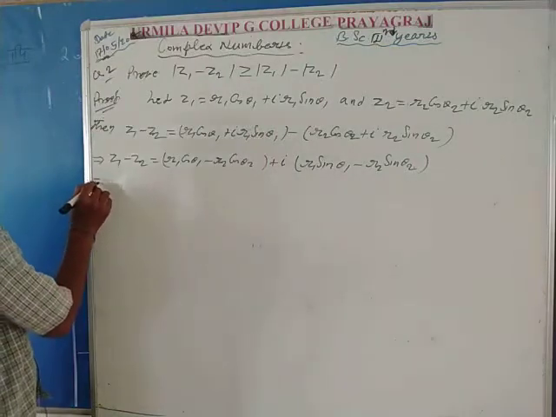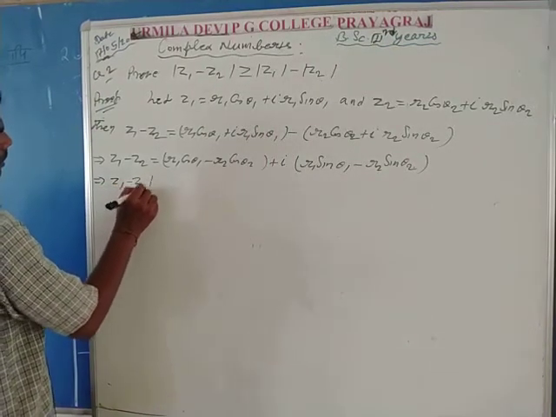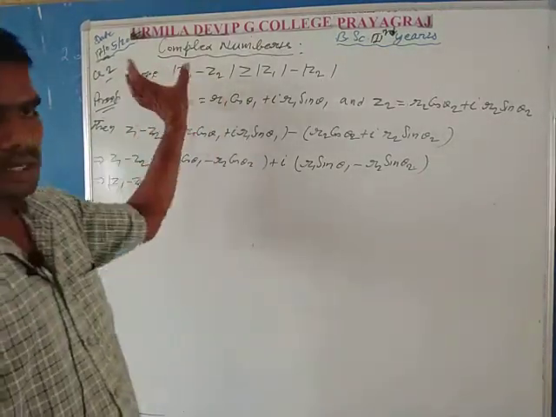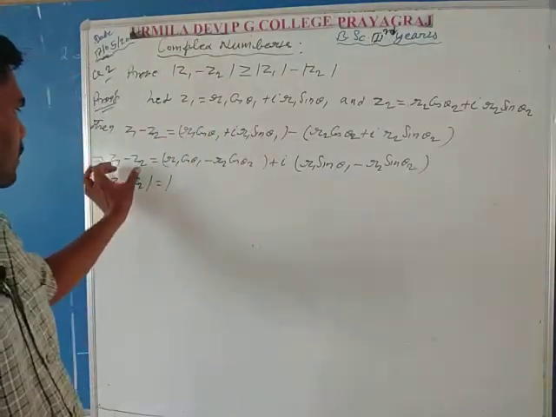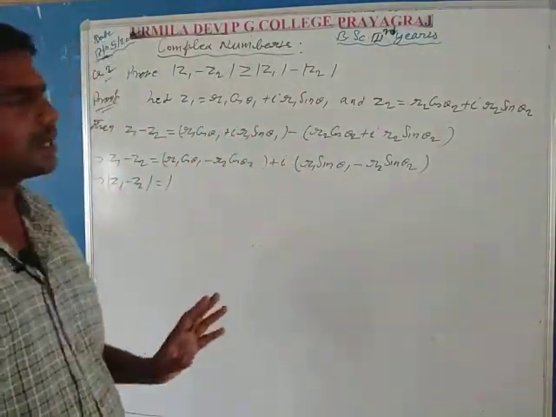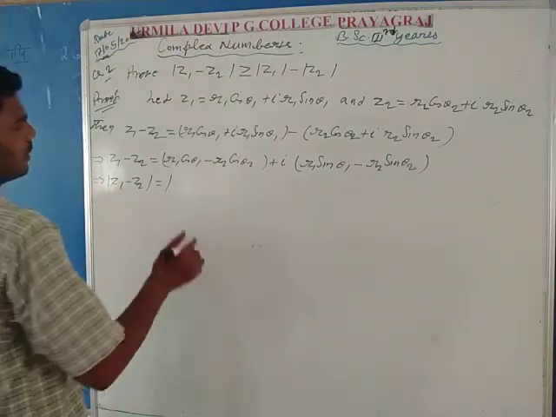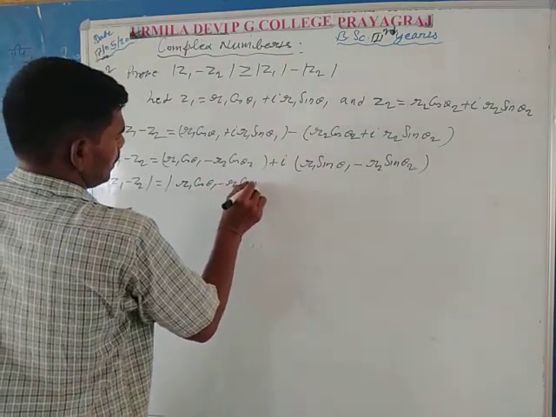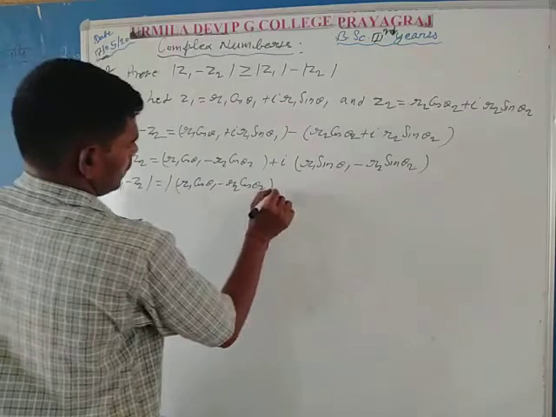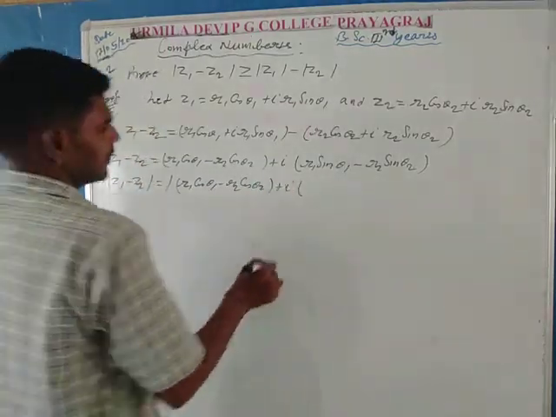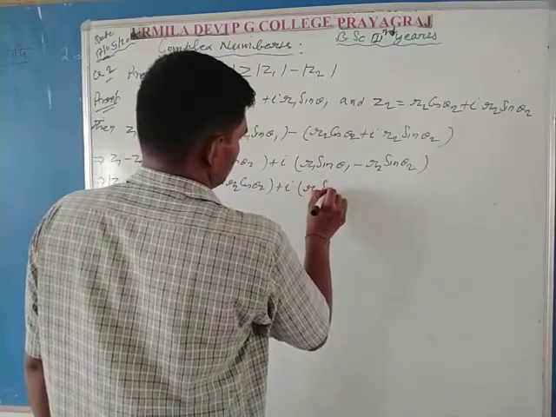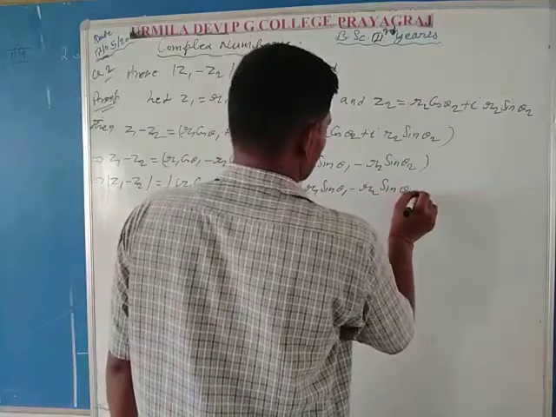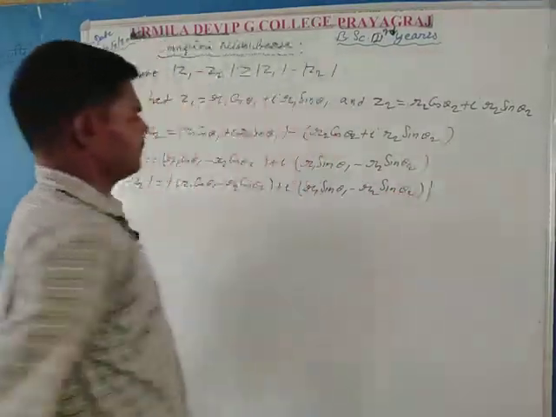Now taking modulus on both sides, mod of Z1 minus Z2 is equal to mod of, here from the inequality we find the modulus of Z1 minus Z2. So here Z1 minus Z2 is clear. Now taking modulus, mod of Z1 minus Z2 is equal to R1 cos theta 1 minus R2 cos theta 2 in one bracket plus I times, in second bracket, R1 sin theta 1 minus R2 sin theta 2 in modulus form.